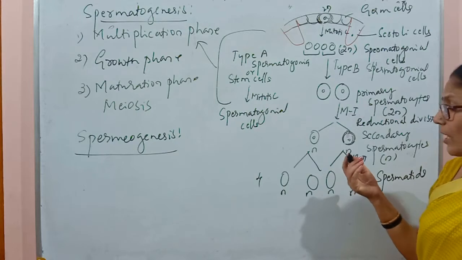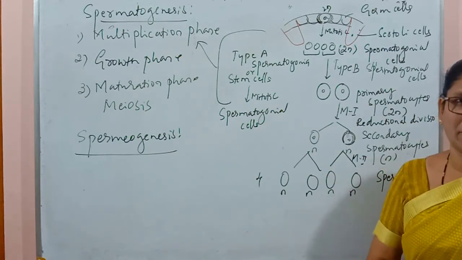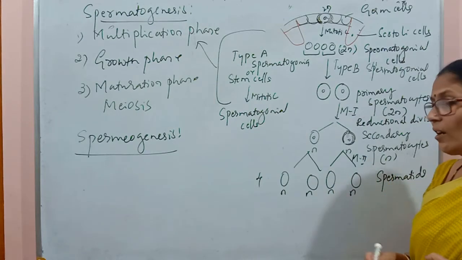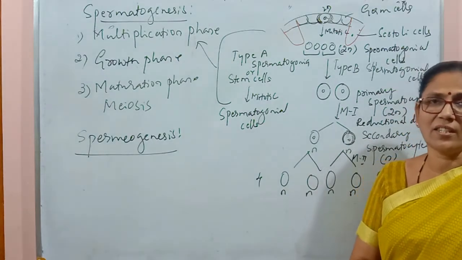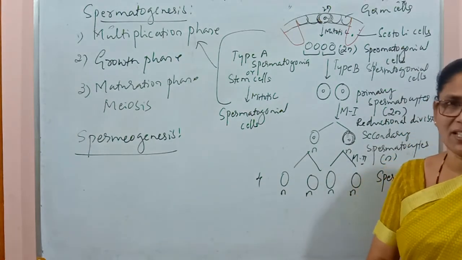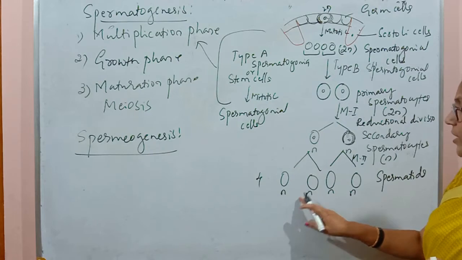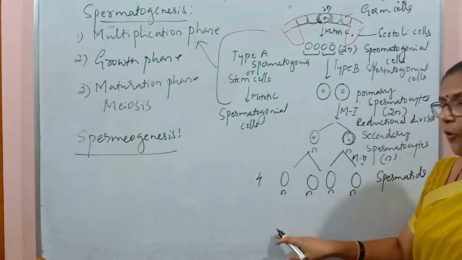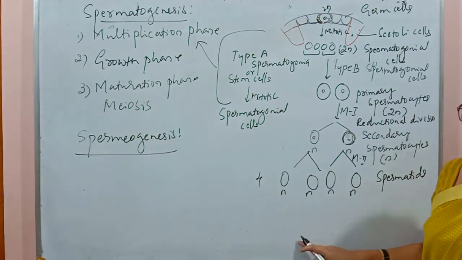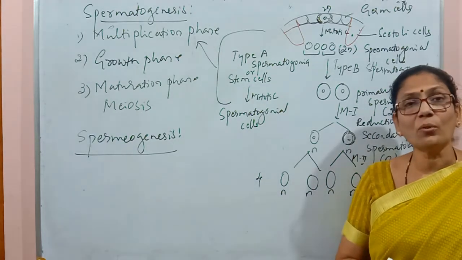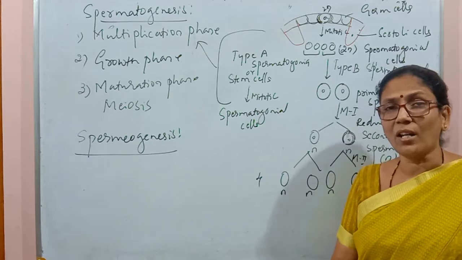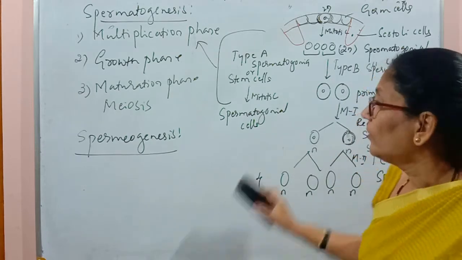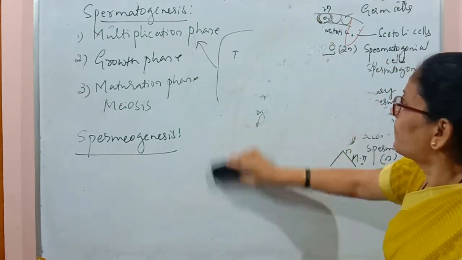But what are the changes which take place? These are morphological changes, and they may also be physiological changes. The morphological and physiological changes of spermatids help to form functional sperms. Let us discuss the changes which help to transform a spermatid into a sperm.